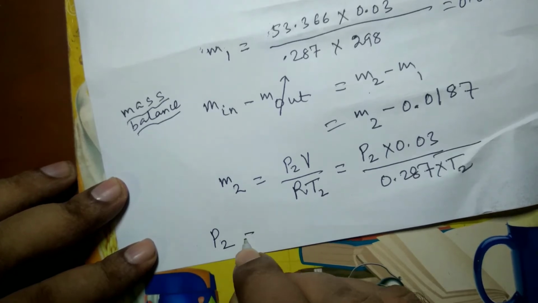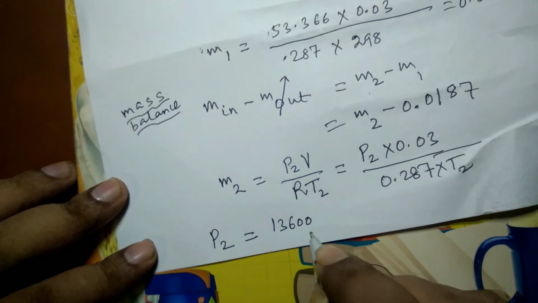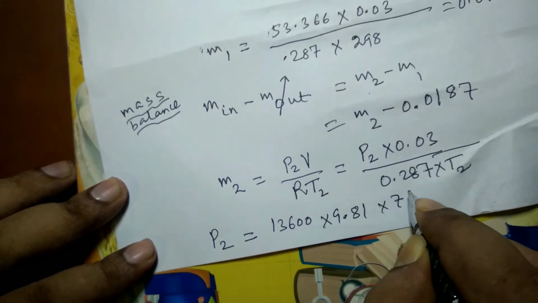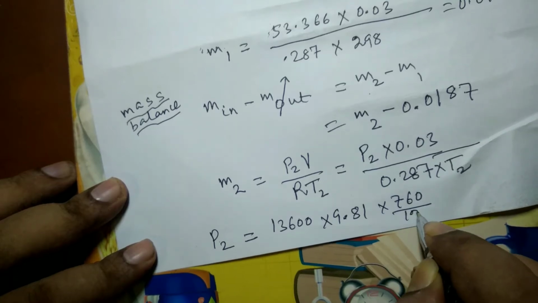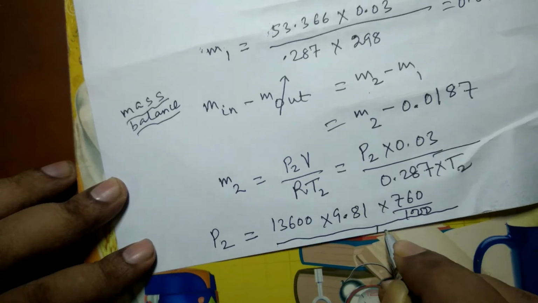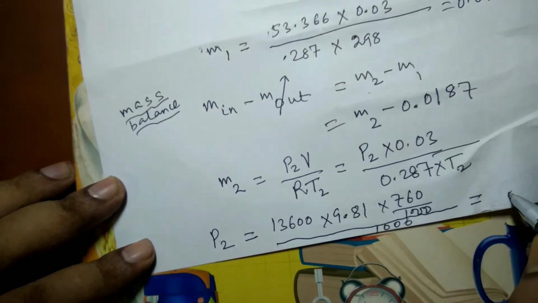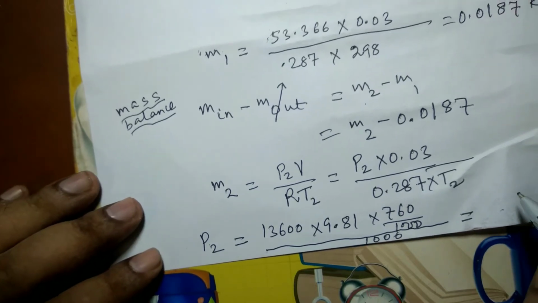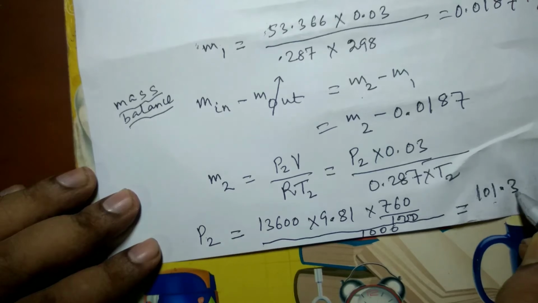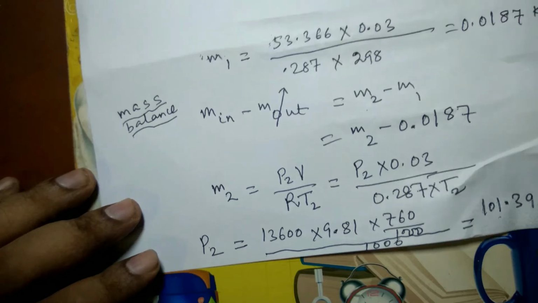P2 is equal to rho into g into h, that is 13600 into 9.81 into 760 divided by 1000. Once again it has to be divided by 1000 to find the pressure in terms of kilopascal, that is equal to 101.396 kilopascal, that is the standard atmospheric pressure.